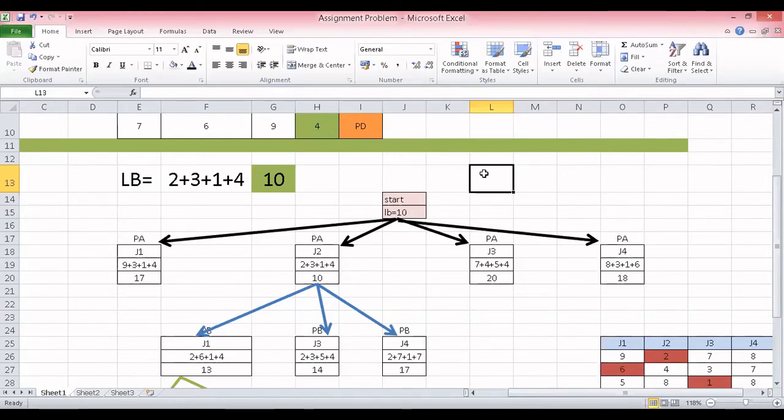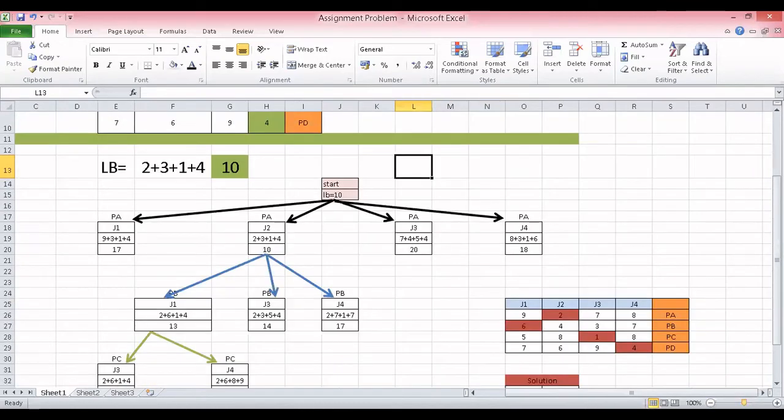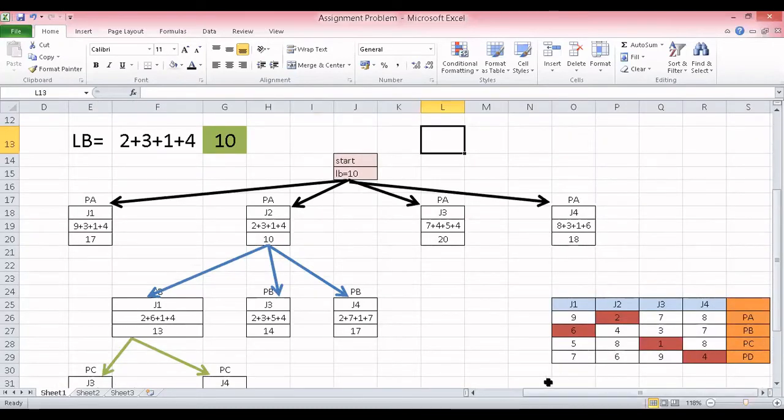Keeping this basic data in mind, I am now going to person 1. Which job am I going to assign to him? That is the question. Now, I am at person A, the first person. See here: if I assign job 1 to person A, what is the cost?